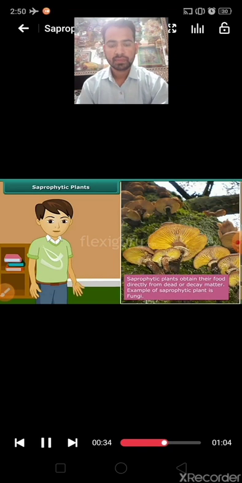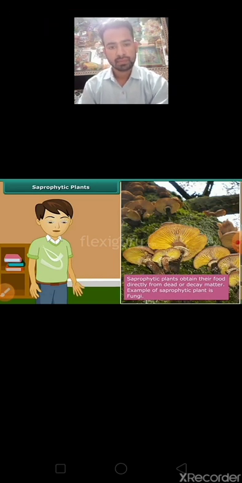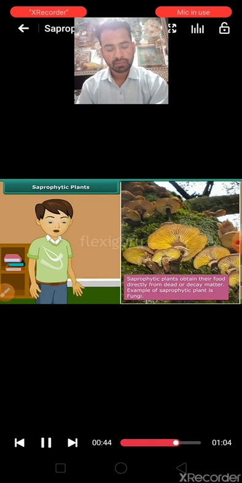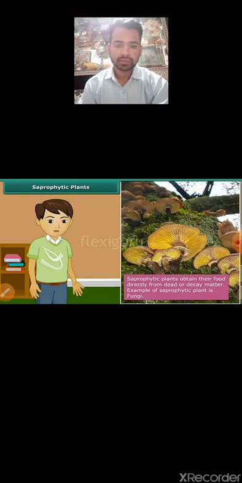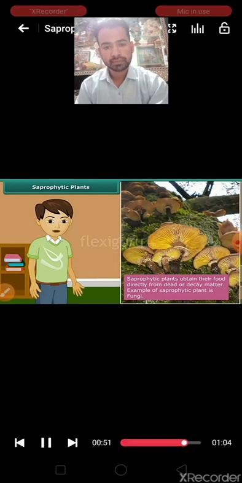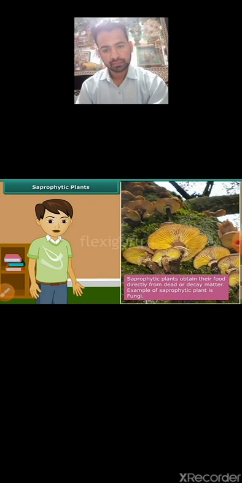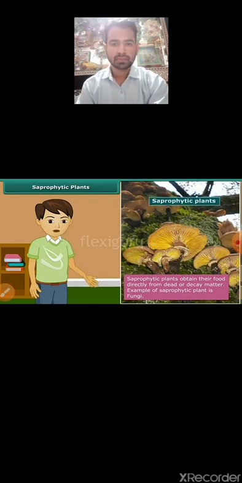To get their nutrients from dead and decaying matter, they secrete digestive juice and convert it into a solution. This mode of nutrition, in which organisms take in nutrients in solution from dead and decaying matter, is called saprotrophic nutrition, and organisms which use this kind of mode of nutrition are called saprotrophs.